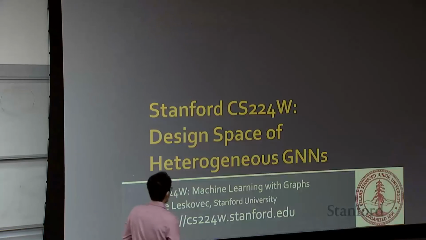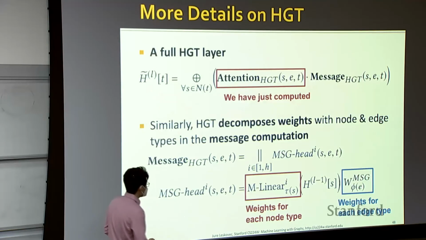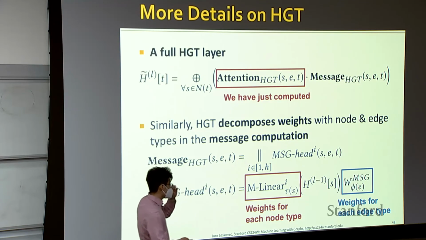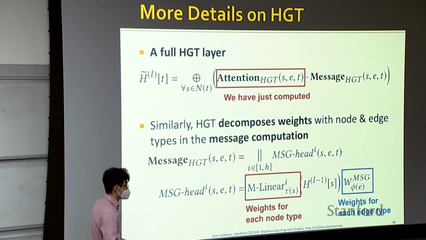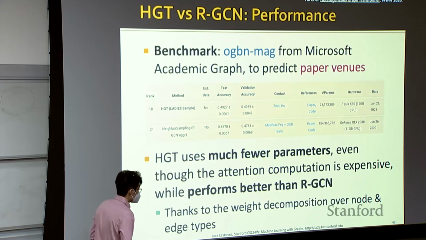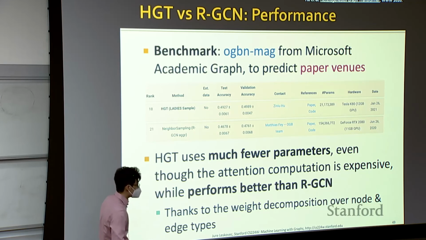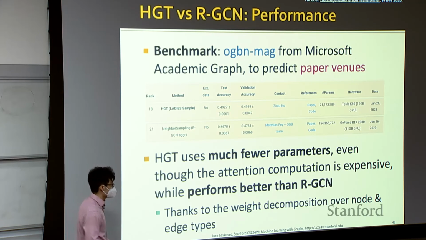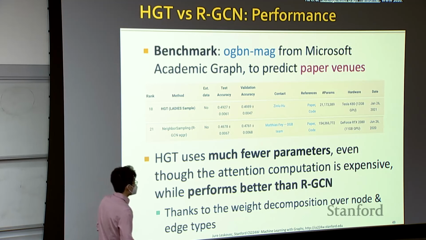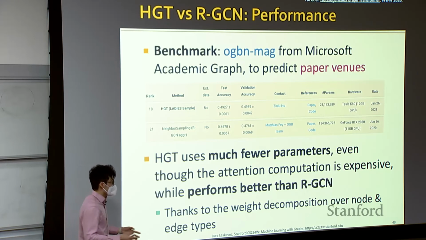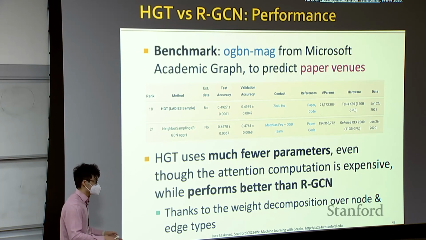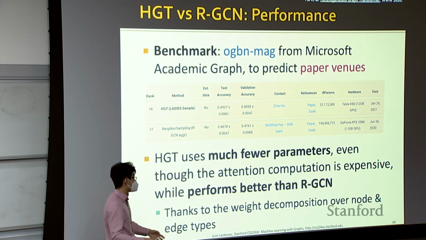So we have finished the discussion of GAT and HGT, which is a widely used attention-based method for heterogeneous graphs. We can also take a look at how HGT performs on this Microsoft Academic Graph dataset. Very interestingly, we find that HGT uses much fewer parameters, and this is as expected because now we have decomposed the weight matrix with respect to each node type and each edge type.